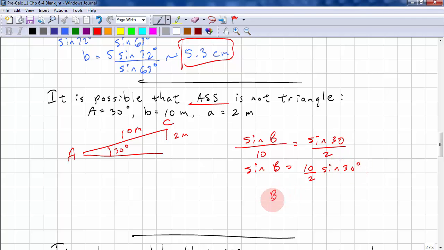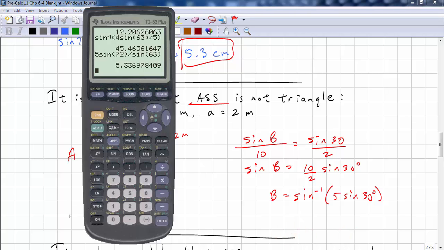So B equals inverse sine 5 sine 30. Okay, 10 divided by 2 is 5. And now we try to do this on the calculator. Inverse sine 5 sine 30. And we get an error, domain.